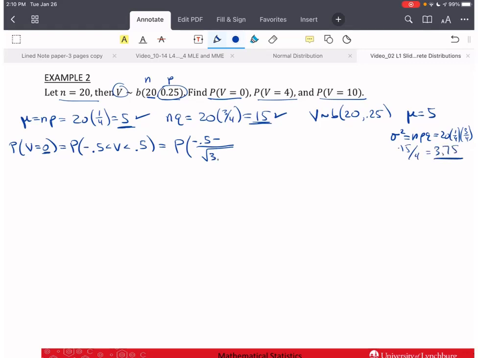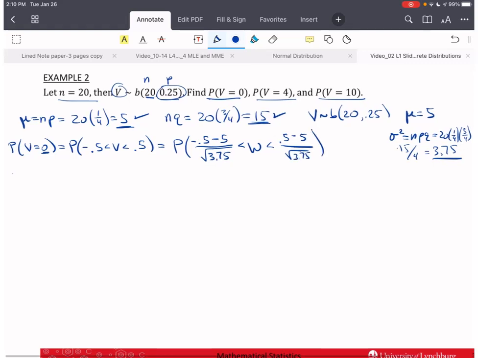So we take the square root of 3.75, and this becomes W. Then we have positive 0.5 minus 5 as the mean, divided by the square root of 3.75. If we solve this, we get negative 2.84 and negative 2.32.